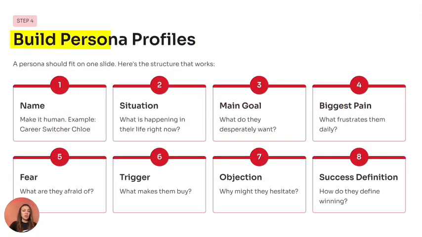Build persona profiles. Now, in each persona profile, as I mentioned, you usually have 5 to 6 personas, sometimes less, sometimes more. You want to have a name, a situation, main goal, biggest pain point, a fear, a trigger, objection, and success definition. Now, when it comes to a name, I want to remind you that this does not need to be a fake person, and it doesn't need to be a specific person.